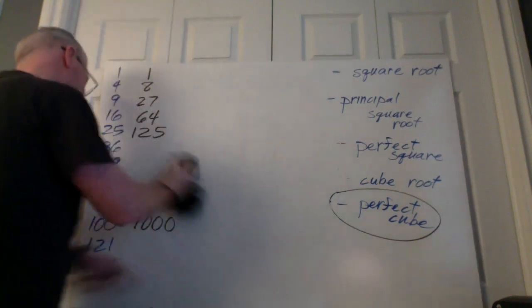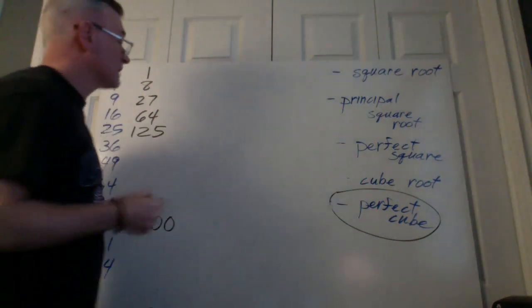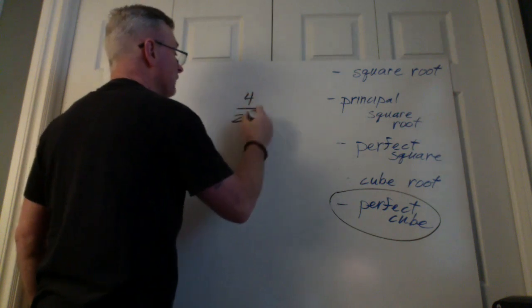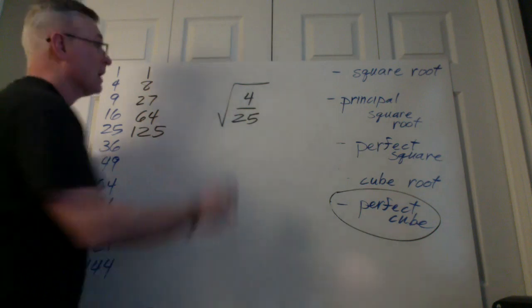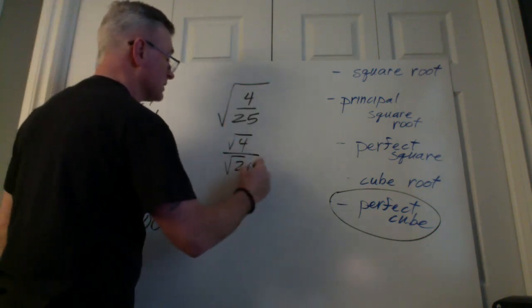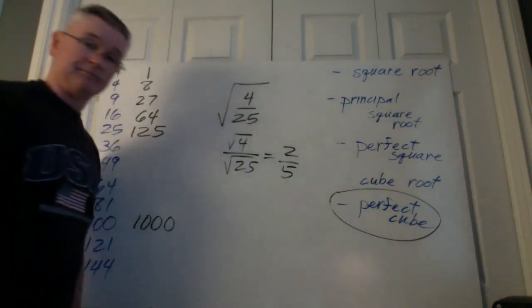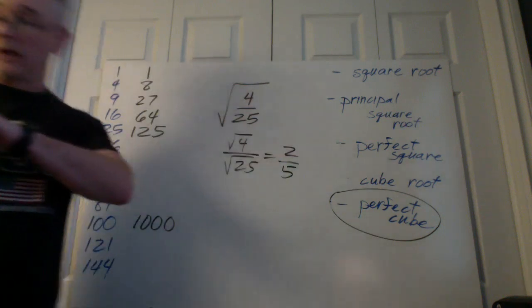If you're doing the homework and you have some funny things like this, I know you guys don't know everything about this, but if you had a 4 over a 25 and you had to find the square root of 4 over 25, this is really the square root of 4 over the square root of 25. Find the square root of the thing on the top, square root of the thing on the bottom.